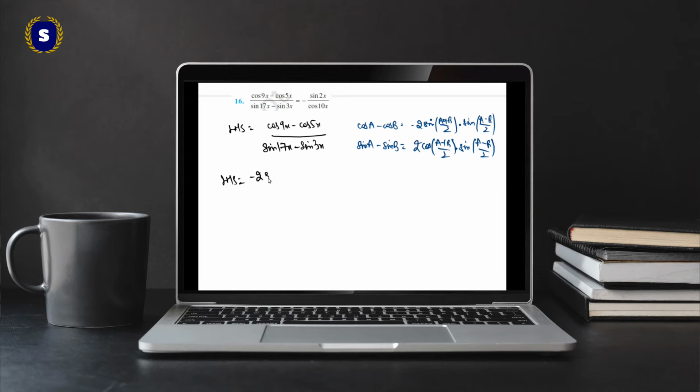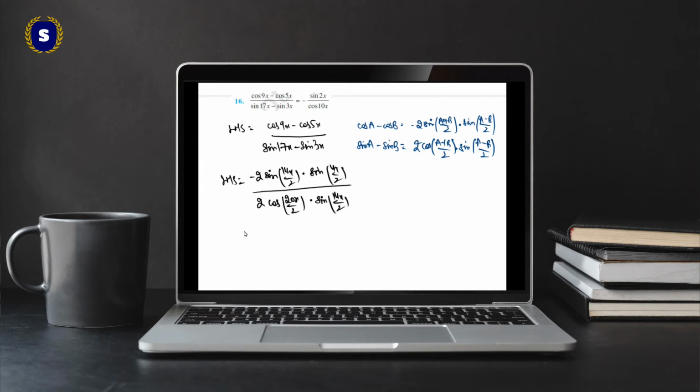minus 2 sin (A plus B, that is 14x) divided by 2 into sin (A minus B, that is 4x) divided by 2, upon 2 cos (A plus B, that is 20x) divided by 2 into sin (A minus B, that is 14x) divided by 2.